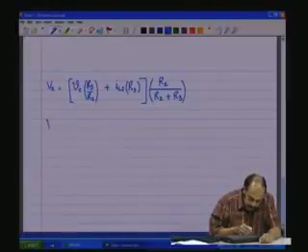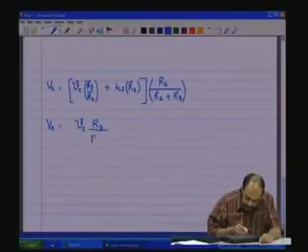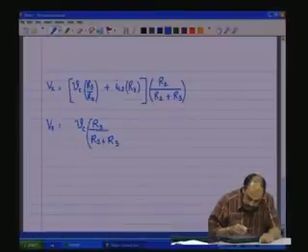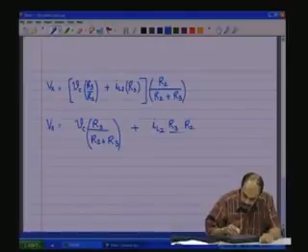So, Vx equals Vc R3 by R2 plus R3 plus IL2 R3 R2 by R2 plus R3.